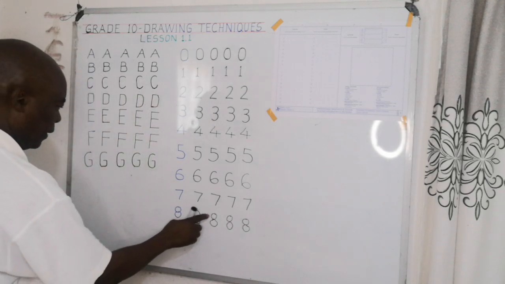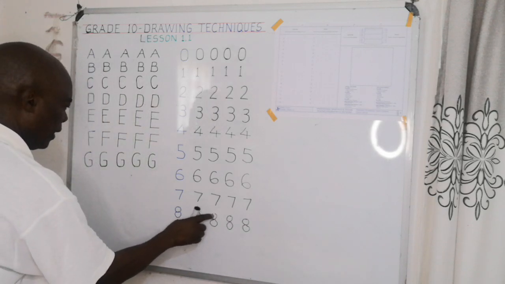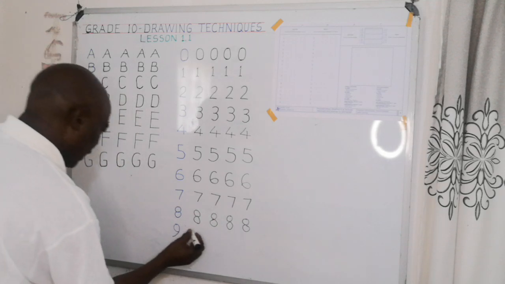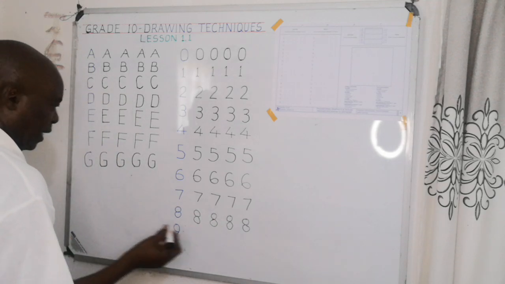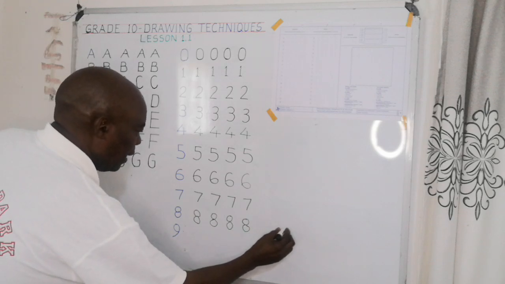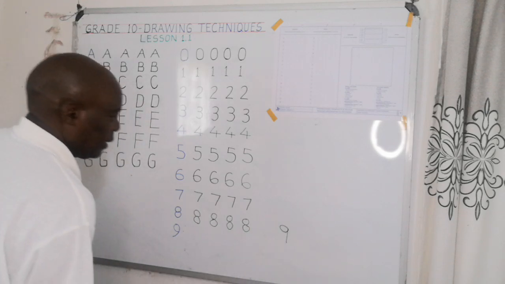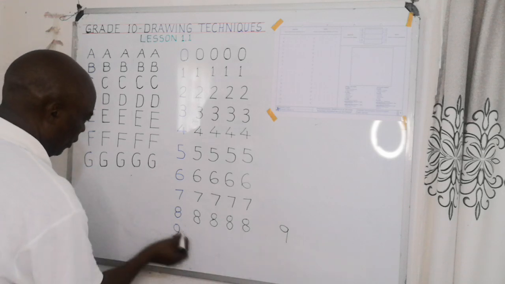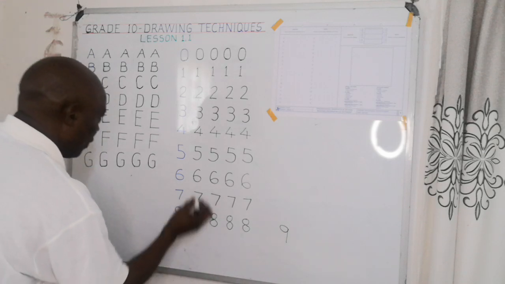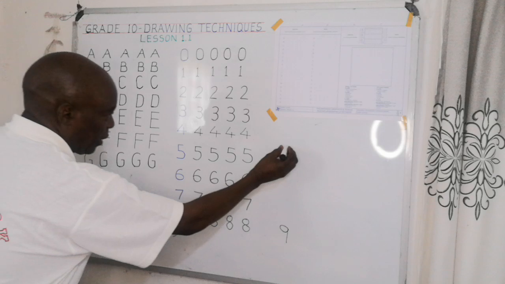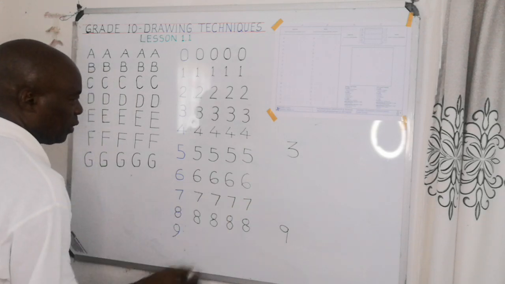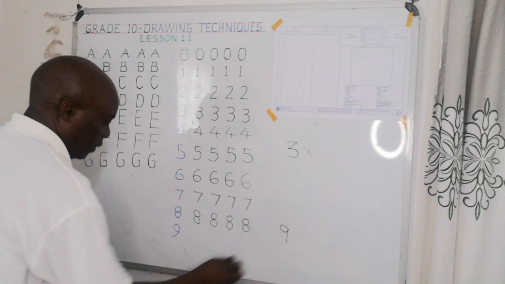Remember, no double lines. That's why I'm erasing some of these double lines. And then 9, and sometimes a 9 is written like that. It's still acceptable. So it's either this or that, but not for the 3. For 3, you cannot do this straight line and then you do this. That's not acceptable in EGD.